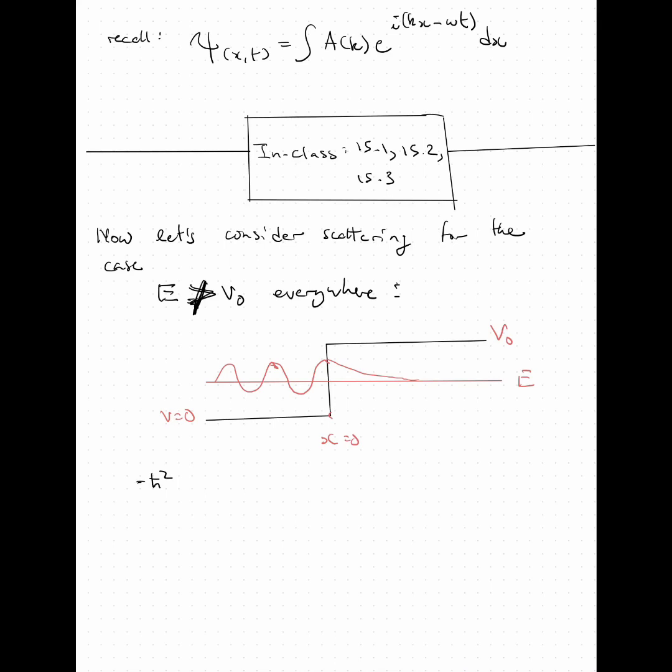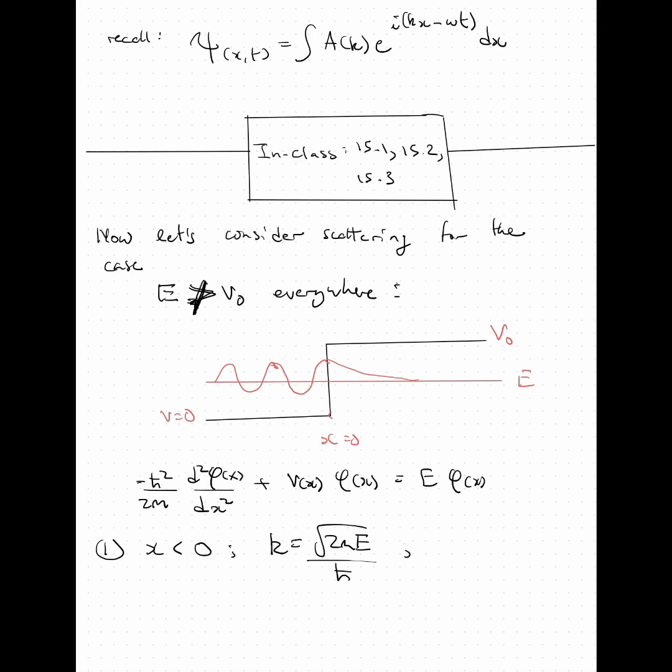It's minus ħ squared over 2m times the second derivative of φ with respect to x plus V of x, potential, φ of x equals E times φ of x, and for x less than 0, for this left hand side, we know by now that k is root 2mE all over ħ. For these k's, E is greater than 0.